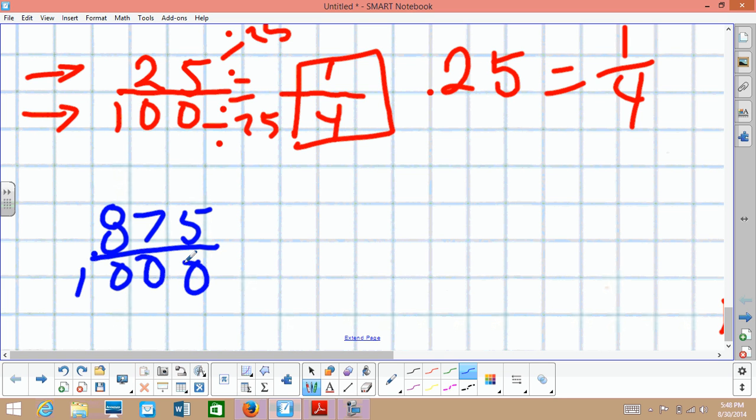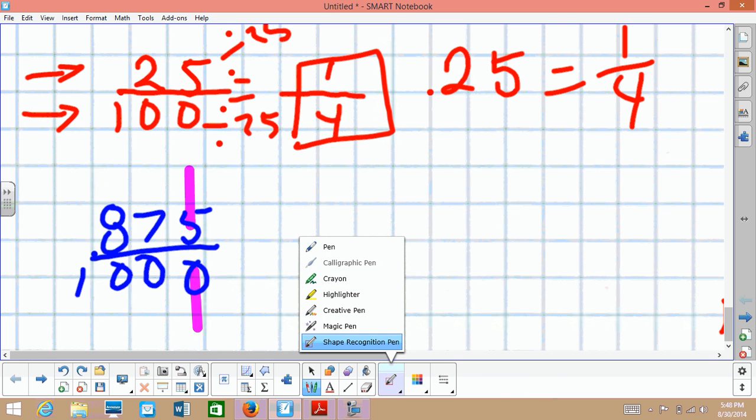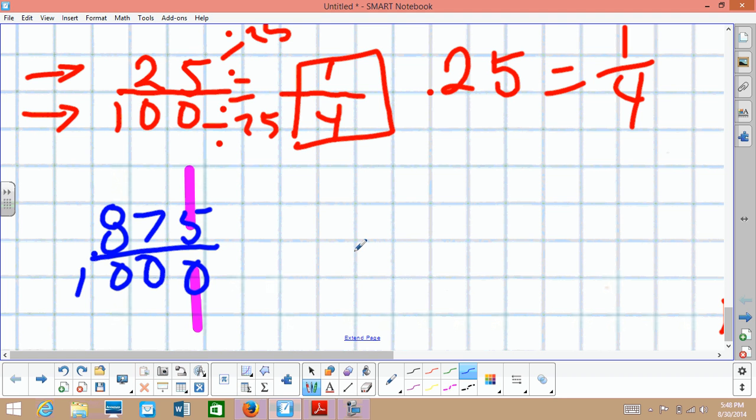Every time you have a 5 on top and a 0 at the bottom, that means you can usually divide both by 5. You can try to reduce it by 5, but that'll take you a long time. Go up to the next number.